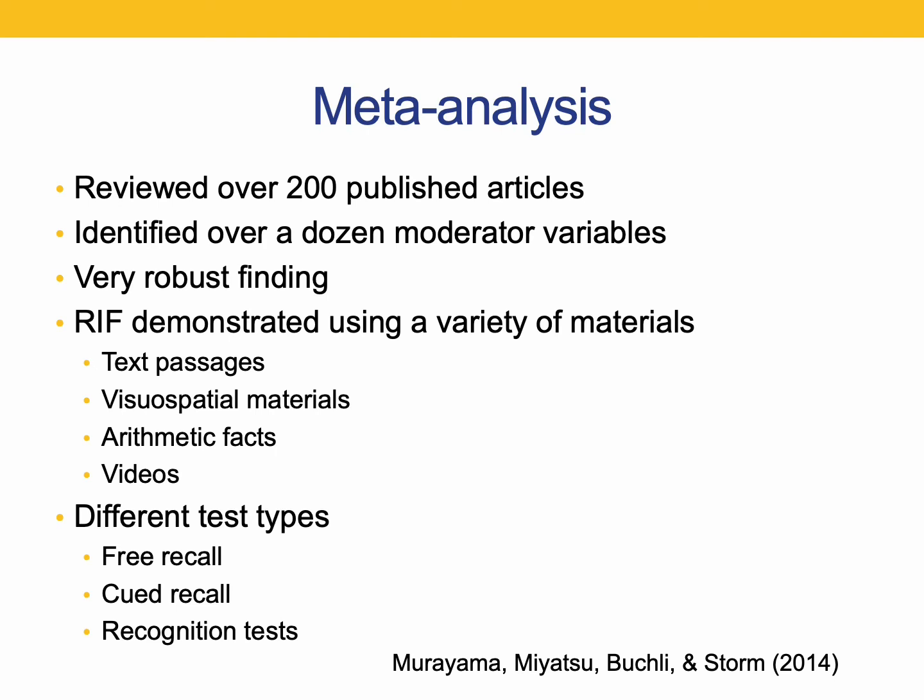We find it with videos, and we also find it with different test types. So we find it with free recall, where we ask people to simply generate what they know, like we saw in the Roediger and Karpicki study. We find it with cued recall, and we find it with recognition tests. So this is a very, very robust finding.